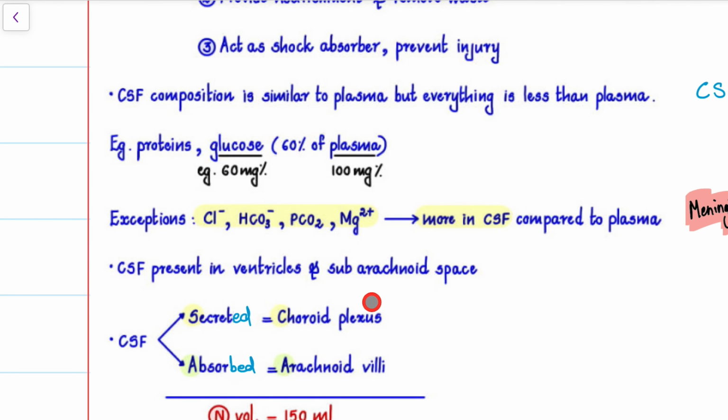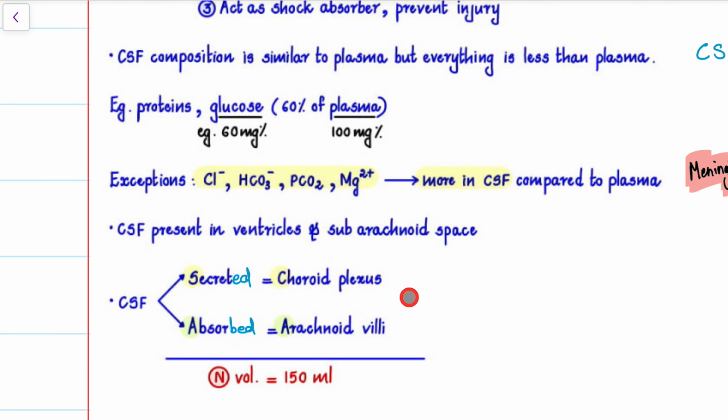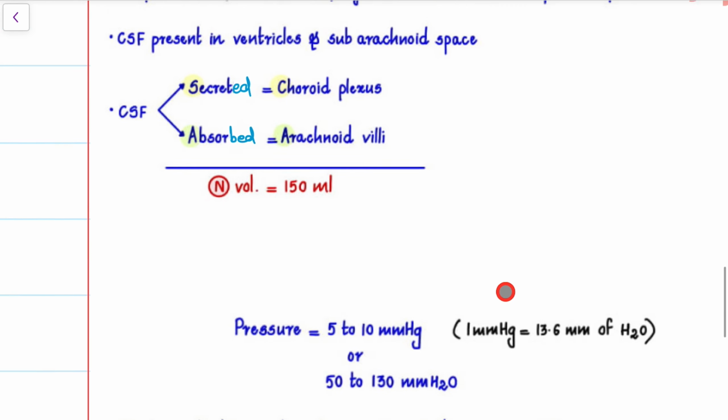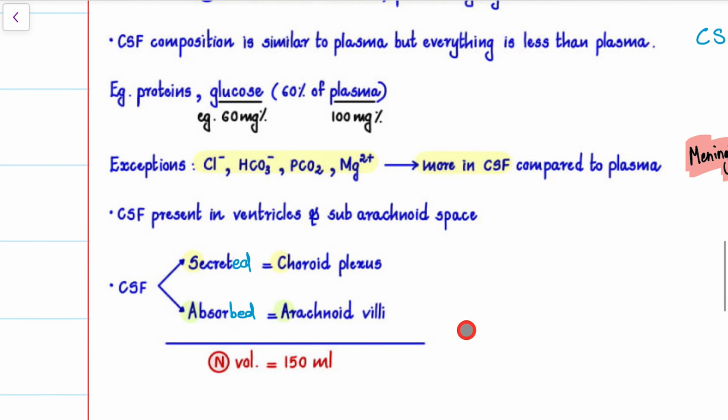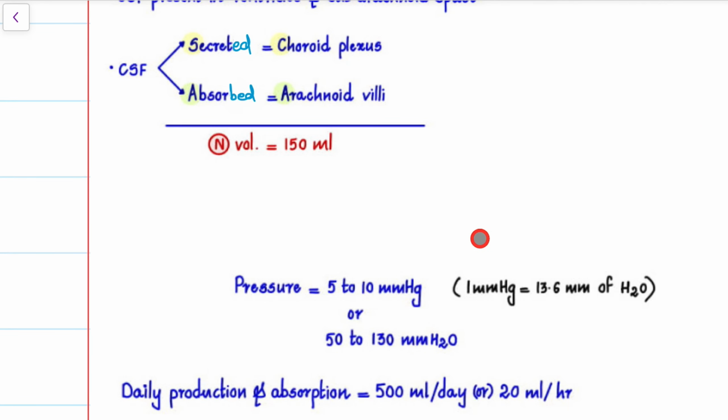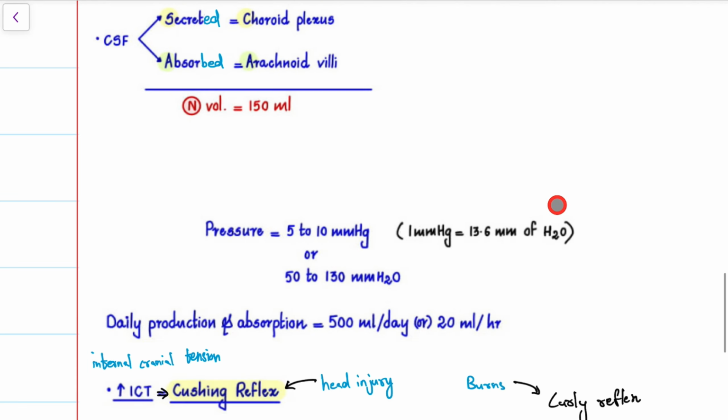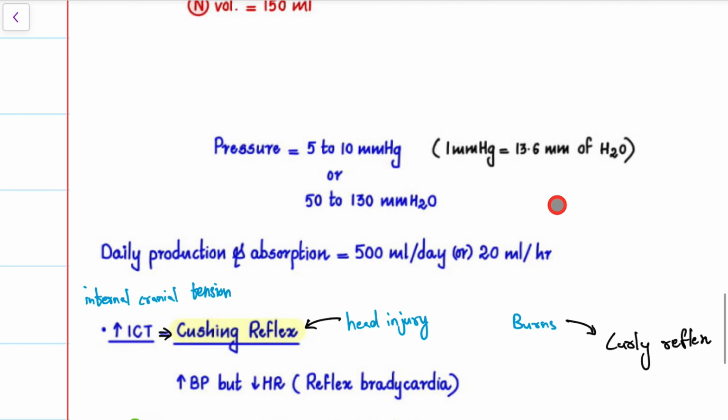Where is the CSF actually present? It is present in the ventricles and subarachnoid spaces. The CSF is secreted by the choroid plexus and is absorbed by the arachnoid villi. The normal volume is about 150 ml. And the pressure is 5 to 10 mm of Hg or 50 to 130 mm of water. The daily production and absorption of CSF is 500 ml per day or 20 ml per hour.